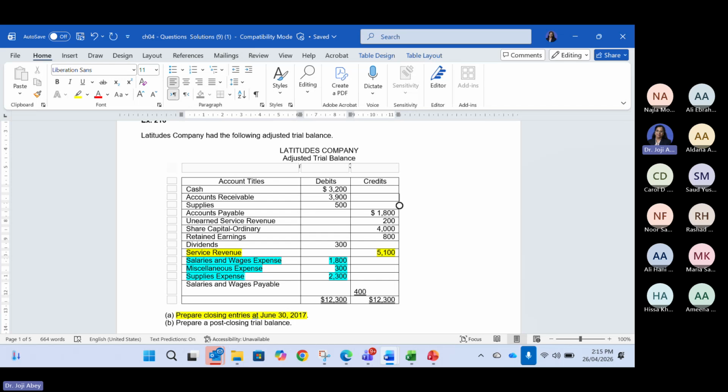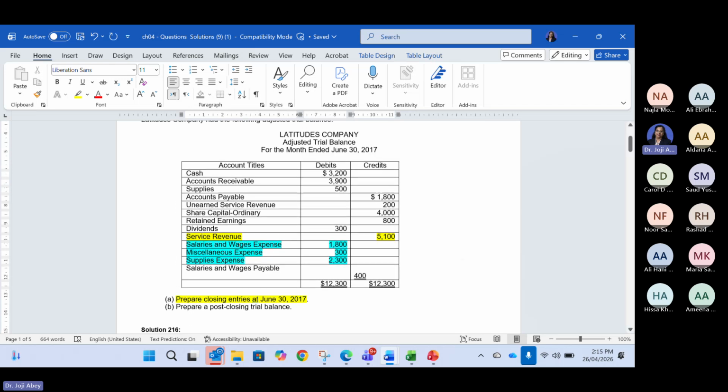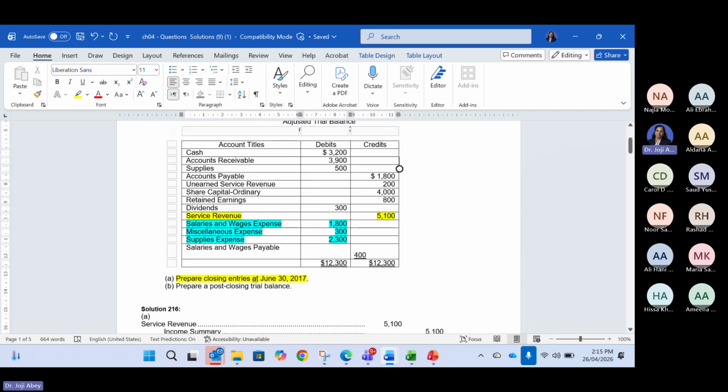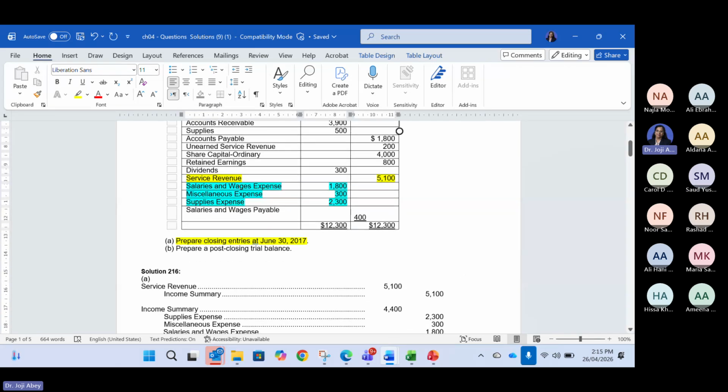It will be having debit side and credit side. You will record the assets and expenses in the debit and liabilities and revenues in the credit. So at the end, the trial balance total should be same. If it is not same, that means there is some issue. So now we are in need to prepare the closing entries.